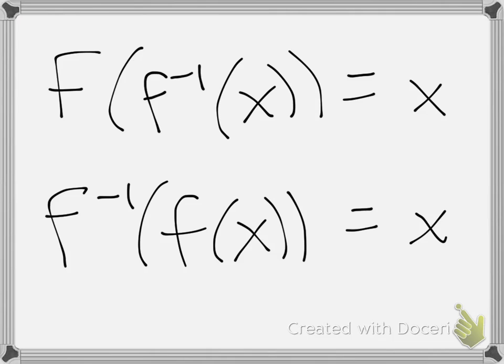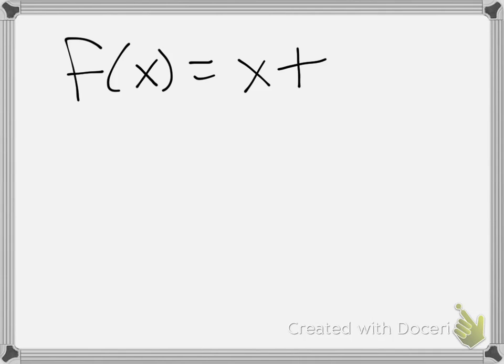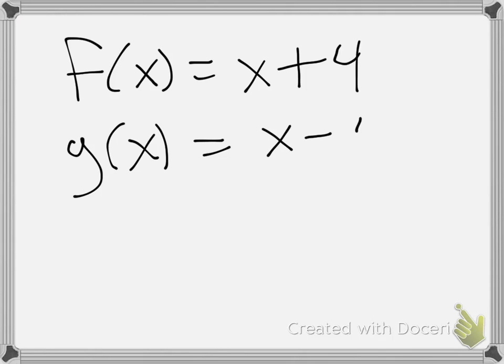And I'm going to give you an example of that using the first thing we did yesterday with those 2 lines. So those functions we had were f of x, x plus 4, and g of x was x minus 4, right? And I'm going to show when you compose these both ways, they basically undo each other, right?